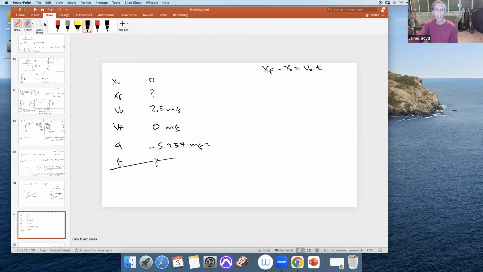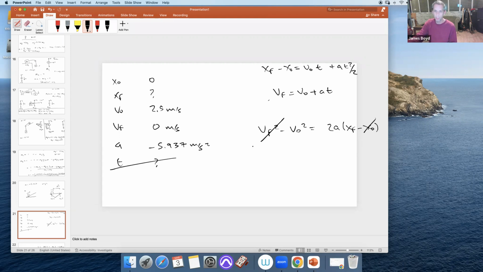X final minus x initial is v naught t plus a t squared over 2, but that has time in it. V final is v initial plus a t, has time in it. V final squared minus v initial squared is 2a times x final minus x initial. This is the one I want. I want to find x final. V final is 0.